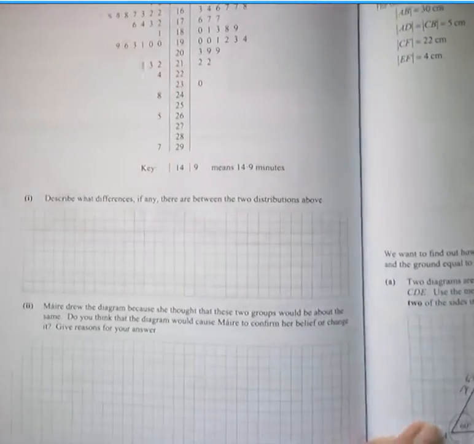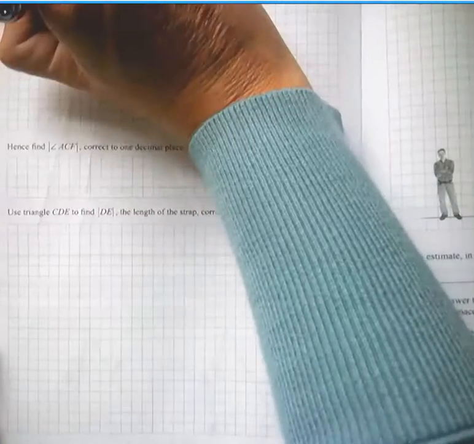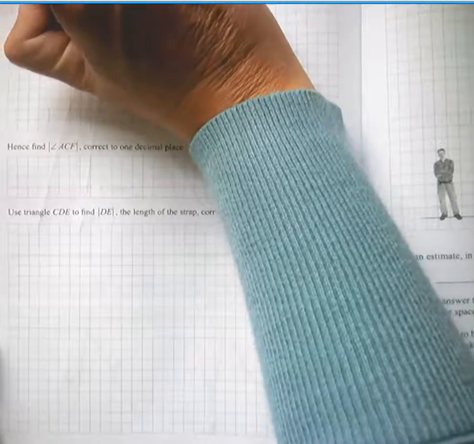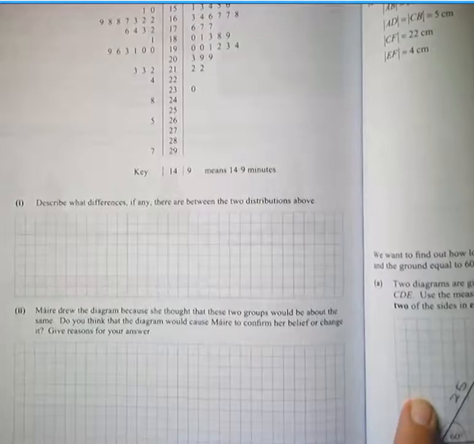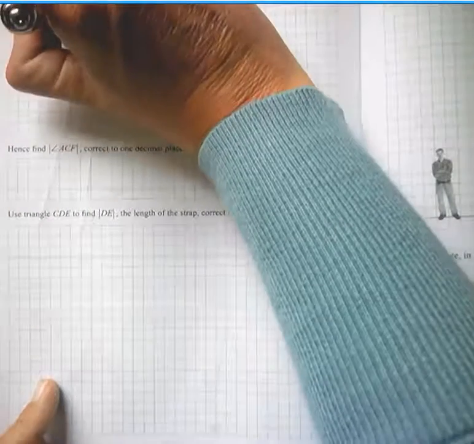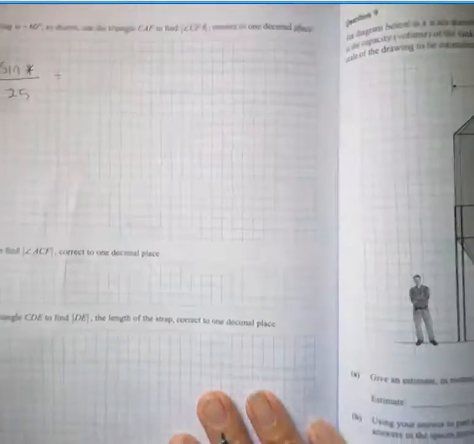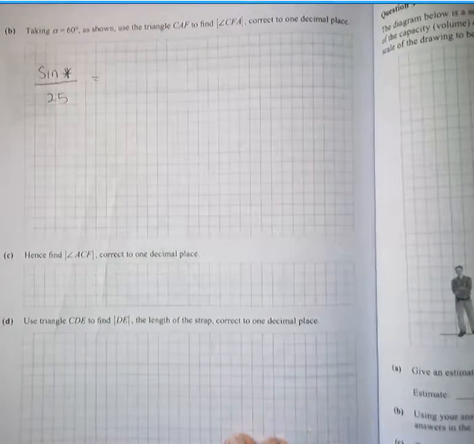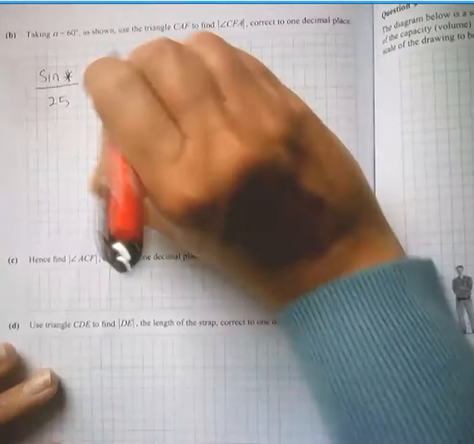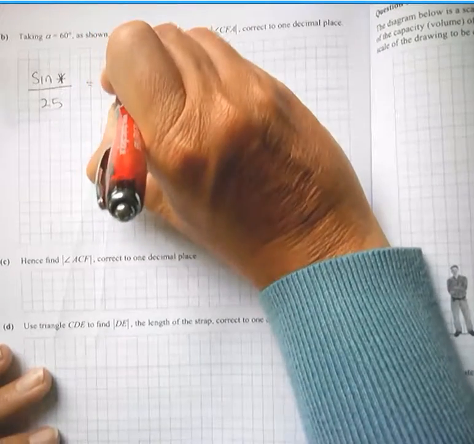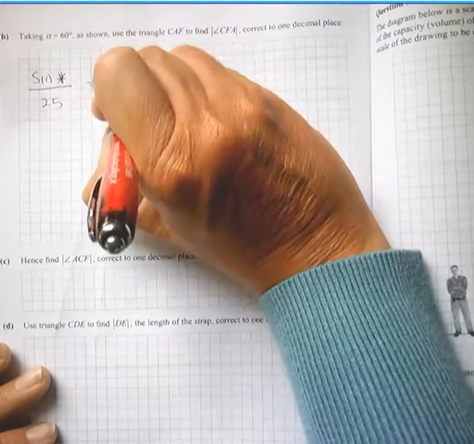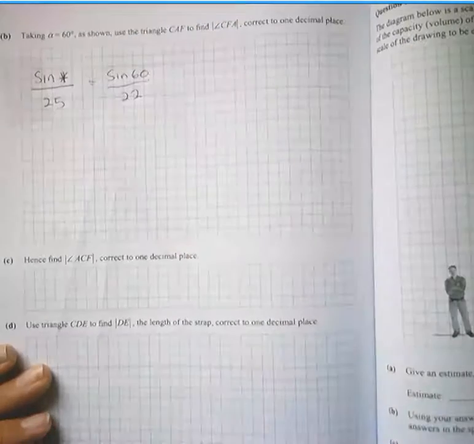We are looking for an angle, so we write down sine of our unknown angle over its opposite length, which is 25, is equal to sine of 60 over its opposite side, which was 22.